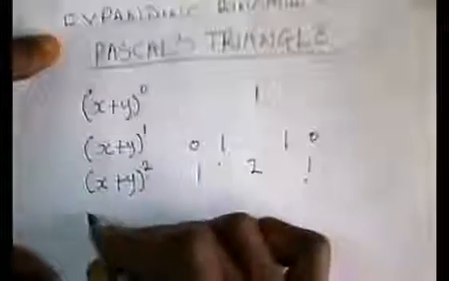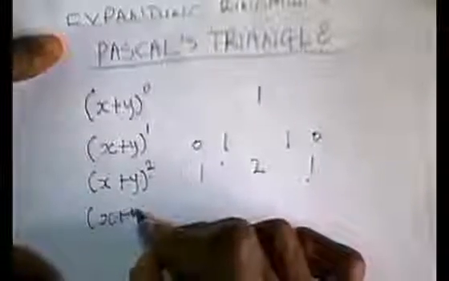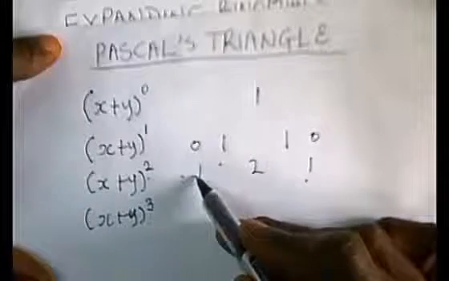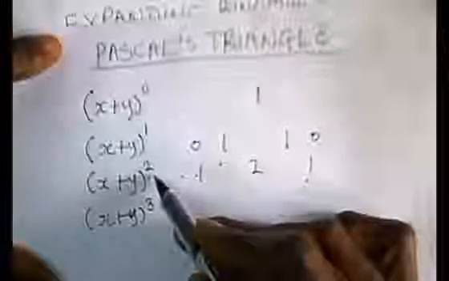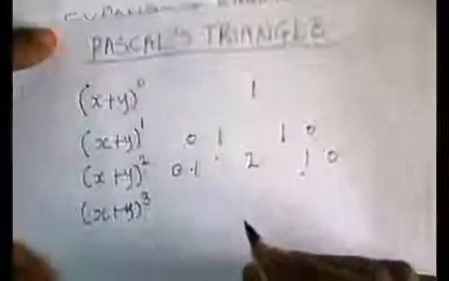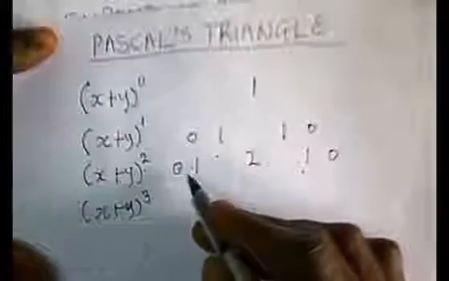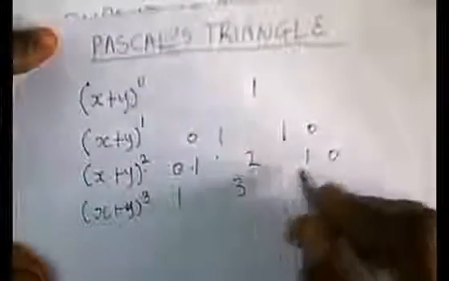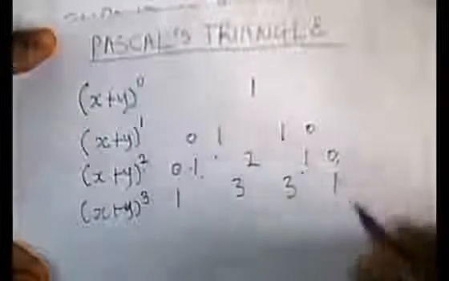To get the coefficients for (x + y)^3, all I have to do is take the previous coefficients, for (x + y)^2, put a 0 before the first number and a 0 after the last number, and then add. 0 plus 1 gives us 1, 1 plus 2 gives us 3, 2 plus 1 gives us 3, and 1 plus 0 gives us 1. So this is what Pascal's triangle is all about.